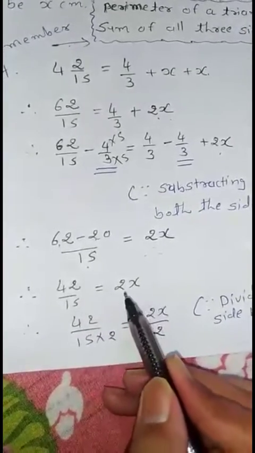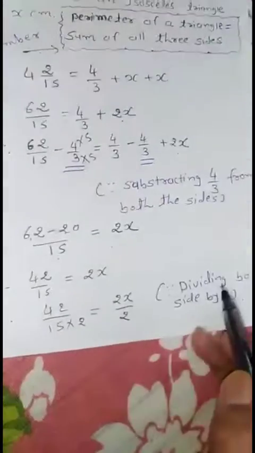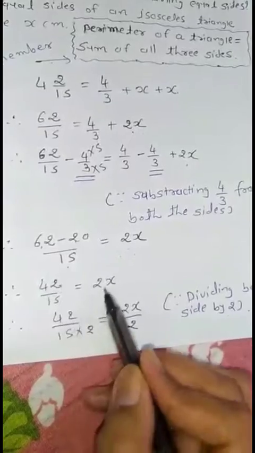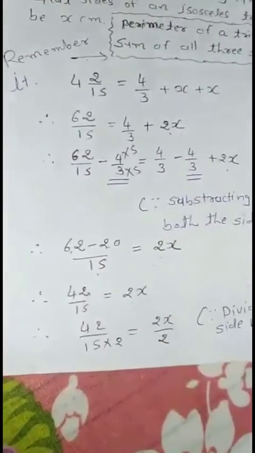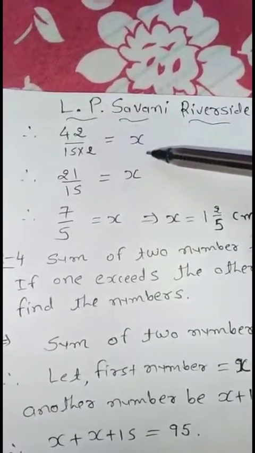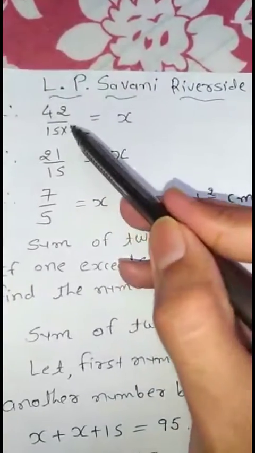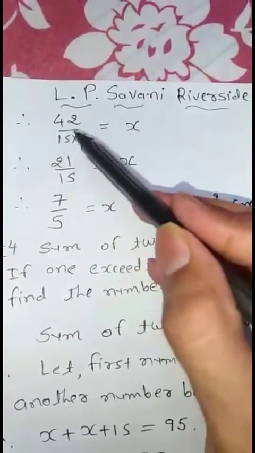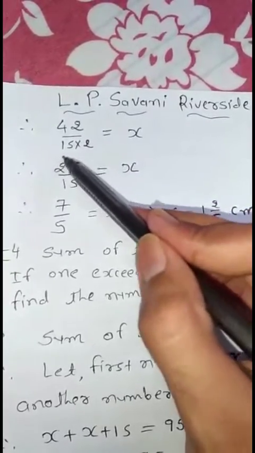Then I divide both sides by 2. Here 2 cancels, here 2 cancels, so we get x on one side of the equation. Then simplify this side: I divide 42 by 2, it gives 21.